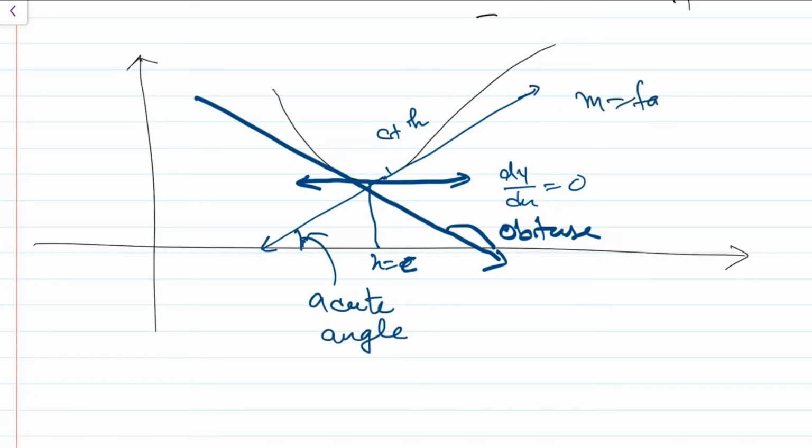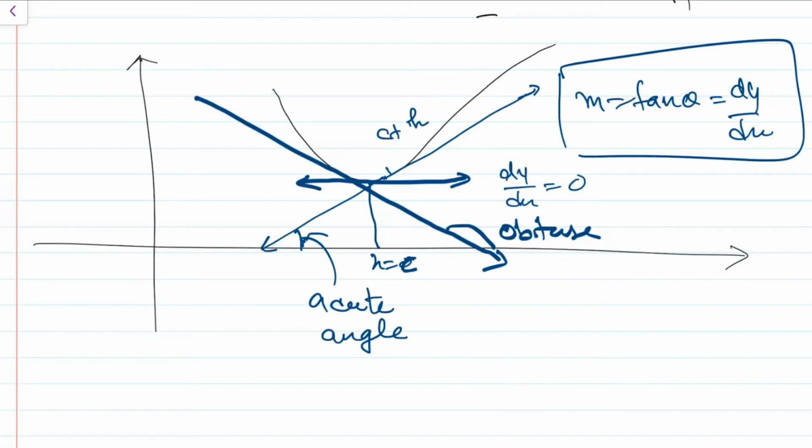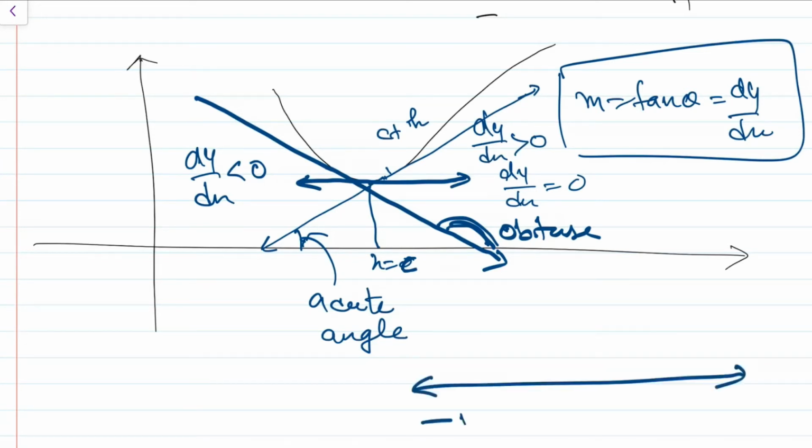We know that m equal to tan theta, or dy by dx is equal to tan theta. So just before the minimum point, dy over dx is less than 0 because this angle is obtuse, and just after the minimum point, dy by dx is greater than 0. And obviously at the minimum point, first it is negative, then it becomes 0, then it becomes positive.